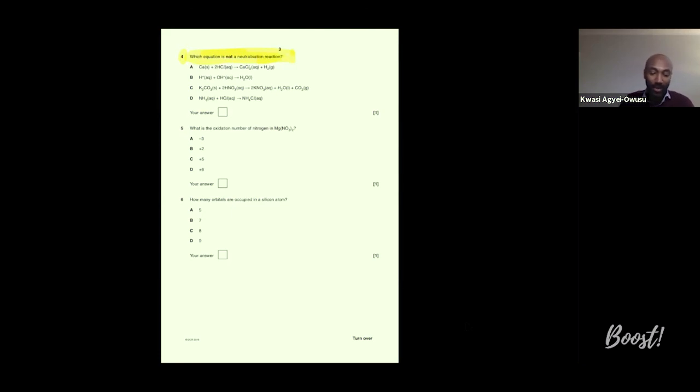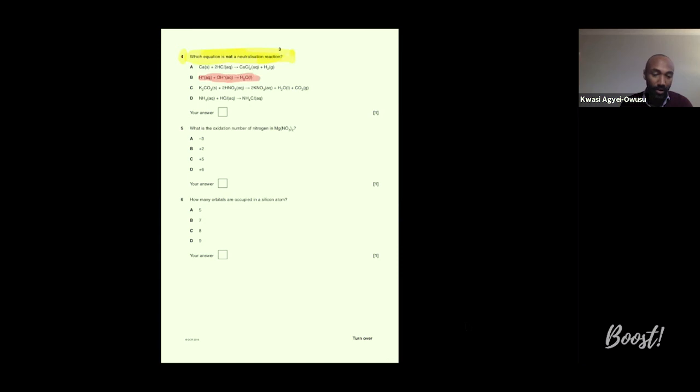And in the final option, you've got ammonia reacting with hydrochloric acid. Now, if we consider the definition we gave earlier of neutralization reactions, hopefully you should be able to rule out B as being a neutralization reaction.